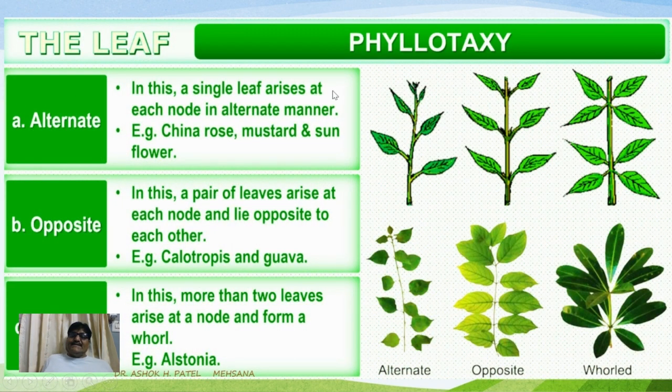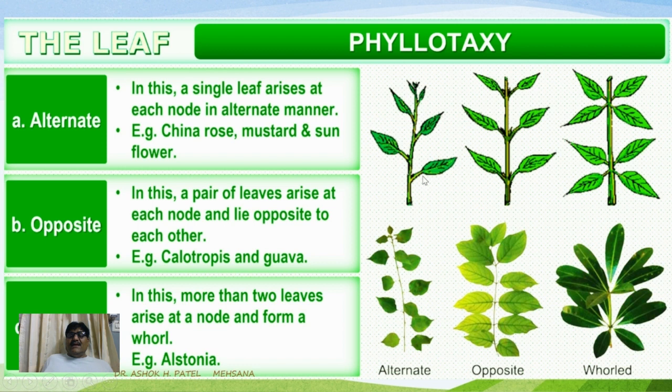You know very well, what is phyllotaxy? The arrangement of the leaves on the stem is called the phyllotaxy. So production, arising, and also arrangement are both required for the study of phyllotaxy. It has three types. Number one is called the alternate, another is called the opposite, and third is called the whorled.